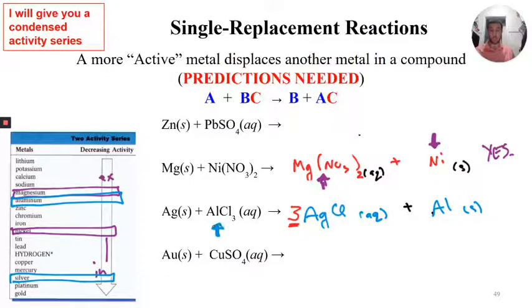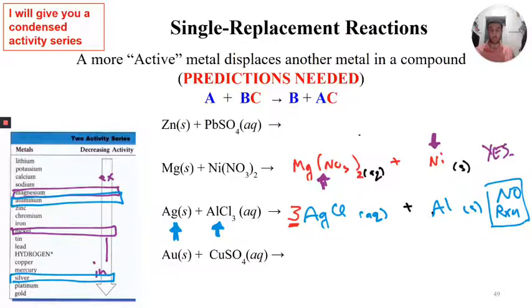Right here in the reactants. Silver is lower on the list, so it's an introvert, so it wants to be by itself. Here it is as a reactant, which means if I mix silver with aluminum chloride, this doesn't occur. This is a no reaction. There's no reason for this reaction to occur because silver wants to stay by itself. It's already there. Okay, so that would be a no reaction.